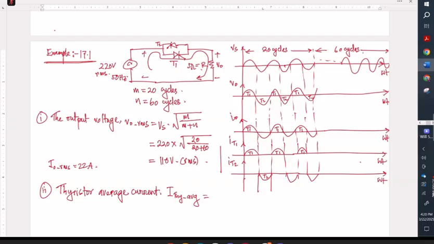That should be your T2. These two combine to get the output current, right? Yes. So now tell me, what should be the thyristor current then? Sir, it will be a positive value for T1.